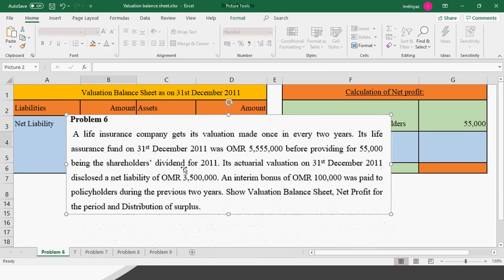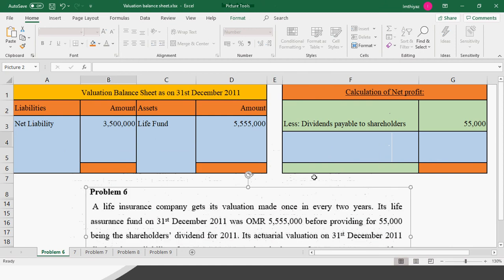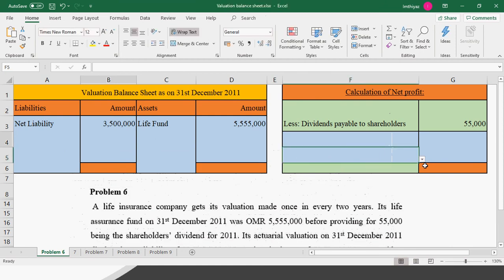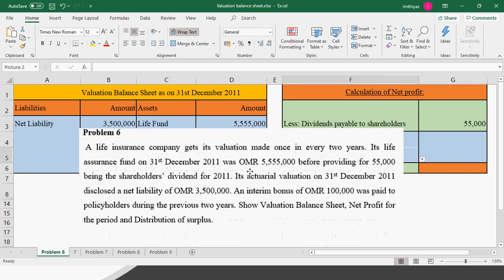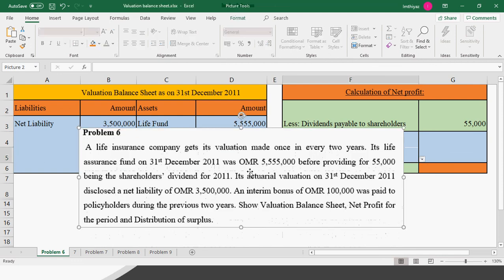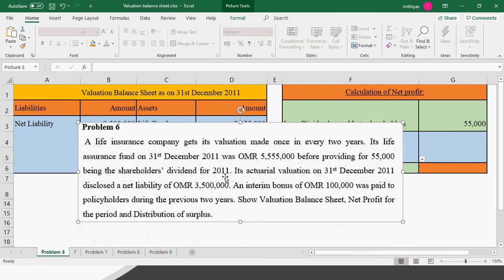After taking that, interim bonus was paid to policyholders. So interim bonus paid has to be added in the net profit section. And finally, the problem says to show valuation balance sheet and net profit. Yes, so we have taken all the items.